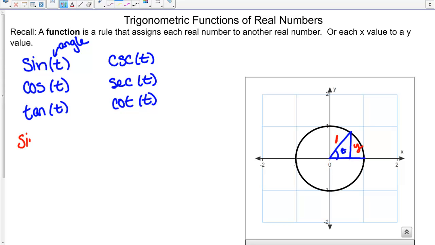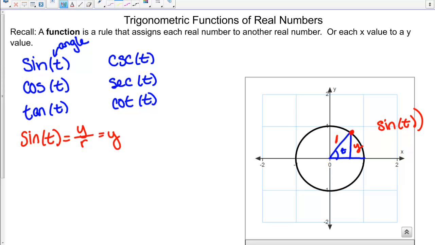So sine of t equals my y over my radius, which in the case of the unit circle is 1. So this tells me that the y value of this point is sine of t.